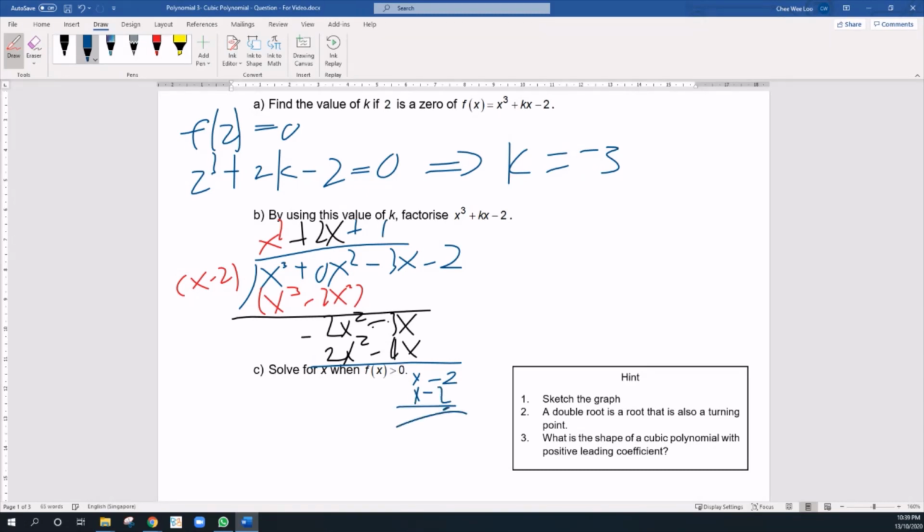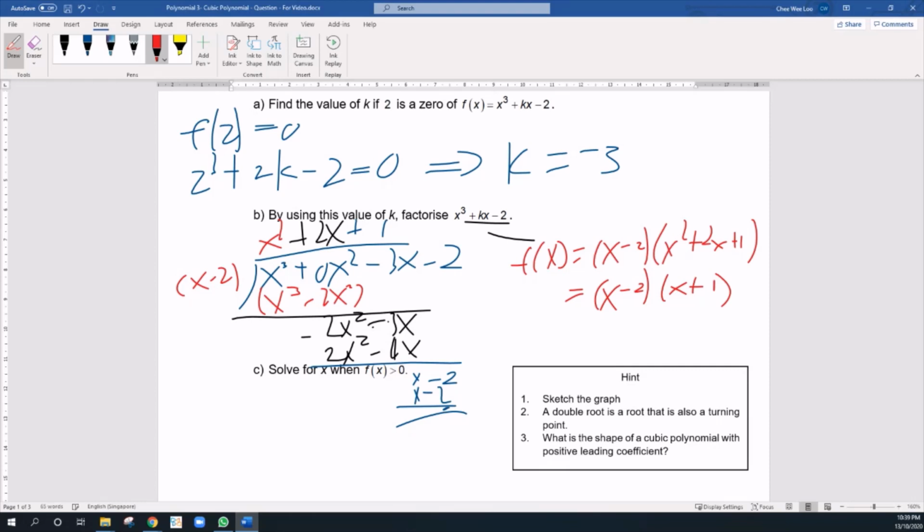And we are done. So the polynomial factorizes to be f(x) equals x minus 2, x squared plus 2x plus 1, which can be factorized into x minus 2, x plus 1 squared.